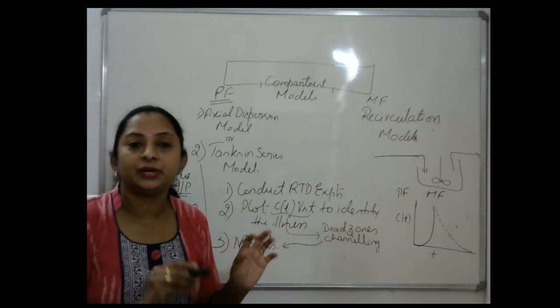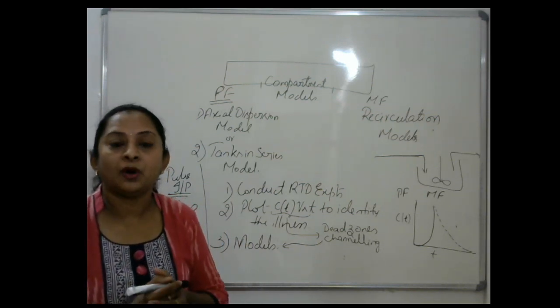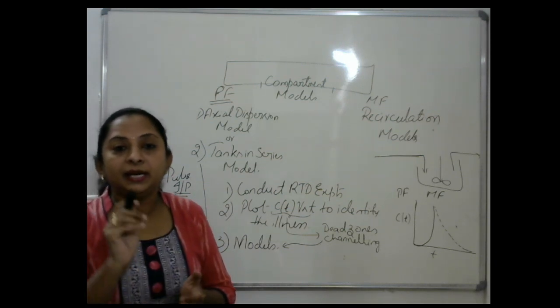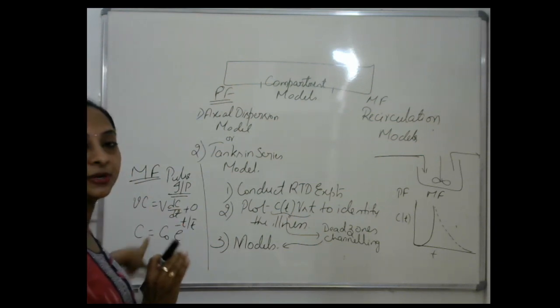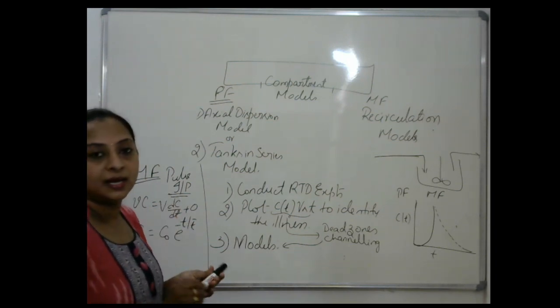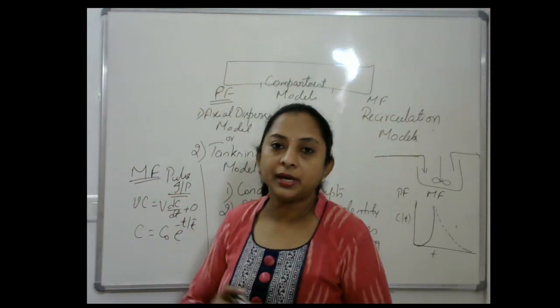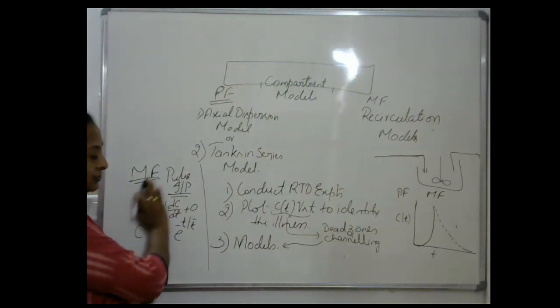I will also account for the dead zones or channeling or dispersion, and then develop the equations to find the expression for concentration. So this is just one example that I have given.